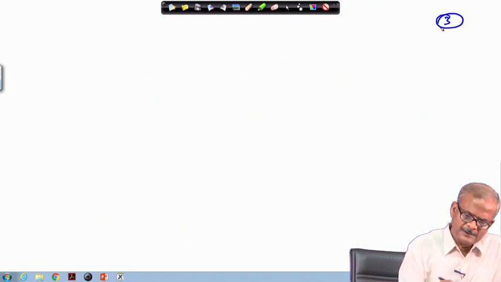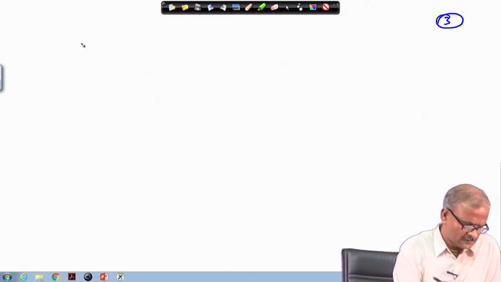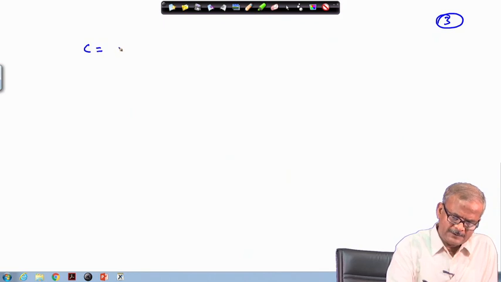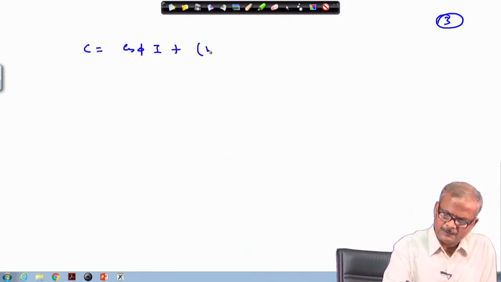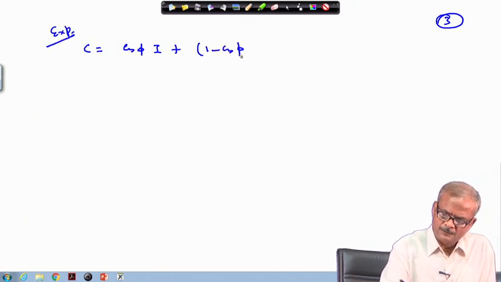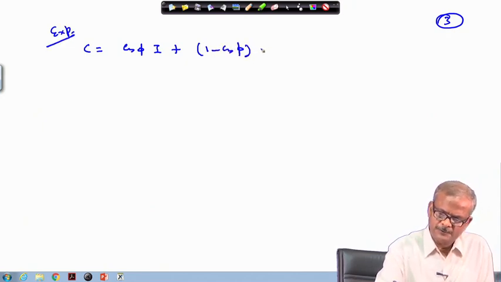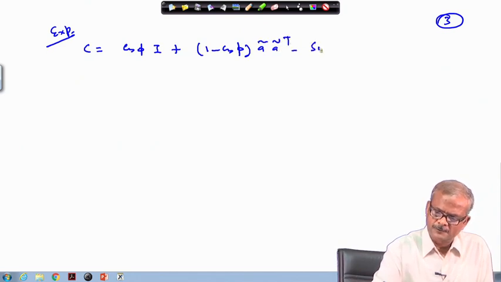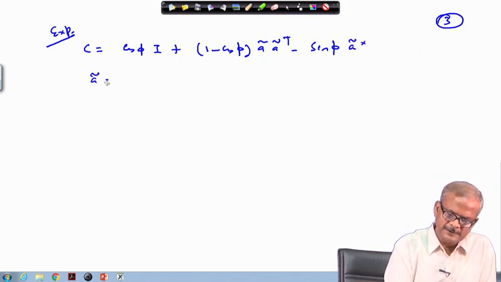And as an example, lastly, we consider this matrix. Consider that A tilde is given to be 1 0 0.